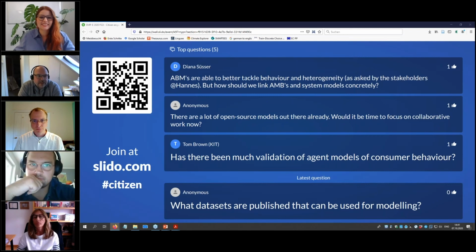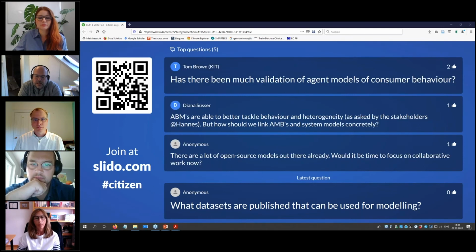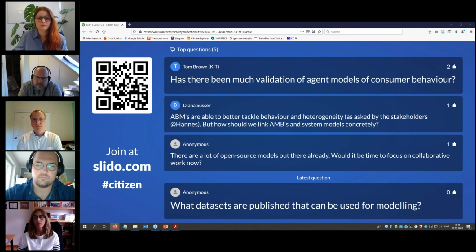Well, I could say something about the psychological background of the HUMAT model. It's not one psychological theory. There are a number of theories feeding into this model, among them dissonance theory that was mentioned by Berta in her presentation. There are some theories around need and need satisfaction that we put in here. What we did is try to identify specific mechanisms of how people make decisions in a number of psychological theories, mechanisms that can be formalized.